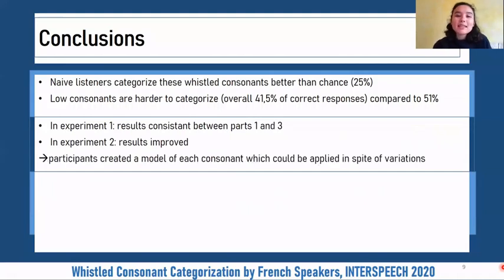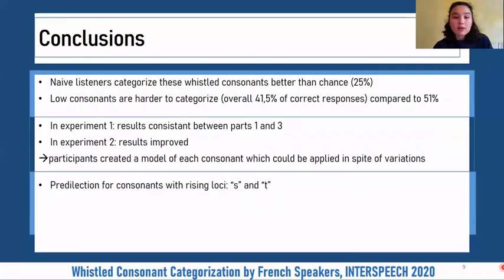This seems to indicate that participants created a model of each consonant, which could then be applied to that third part, which had a number of different recordings, so more variations in the pronunciation of the consonants, which is an interesting result.